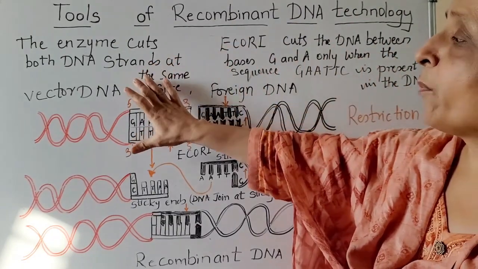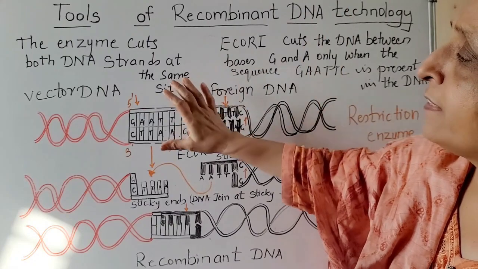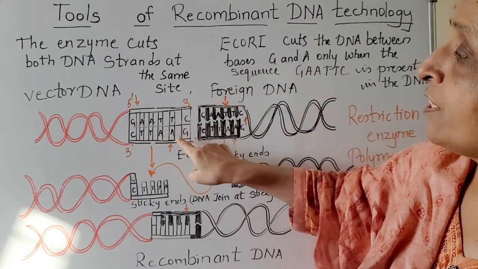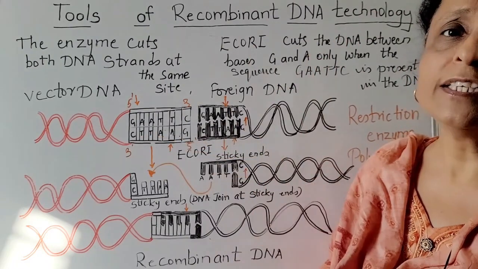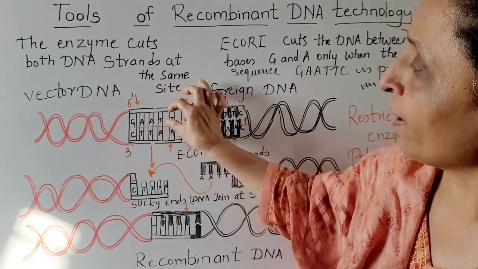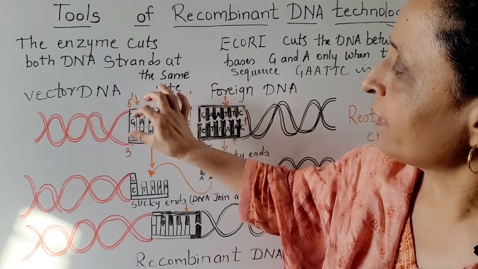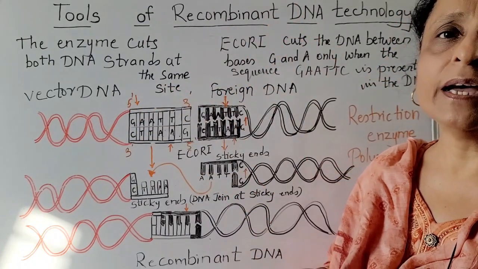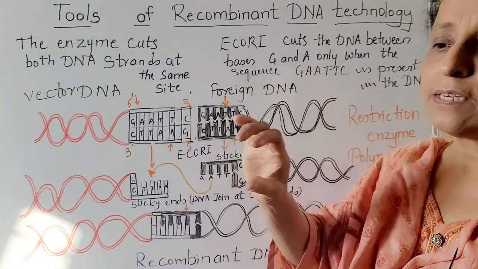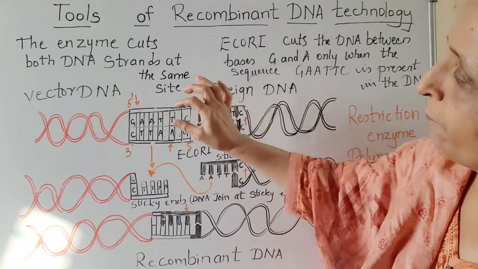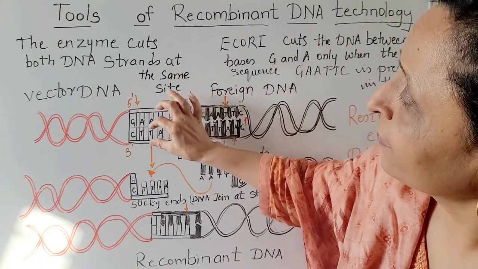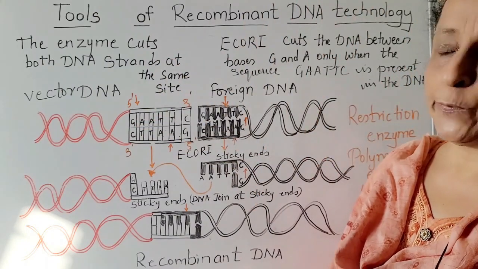So this is the vector DNA. You can see the sequence GAATTC. That is known as a palindrome, which reads the same from both sides, like the word Malayalam. You can spell Malayalam from the start as well as the end. In the same way you can read GAATTC. So that is the palindrome.